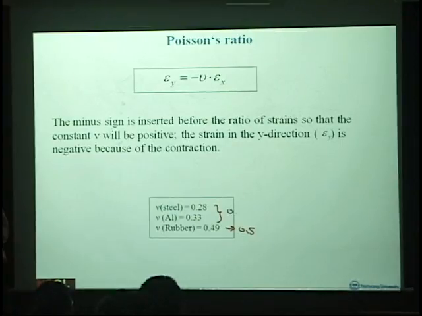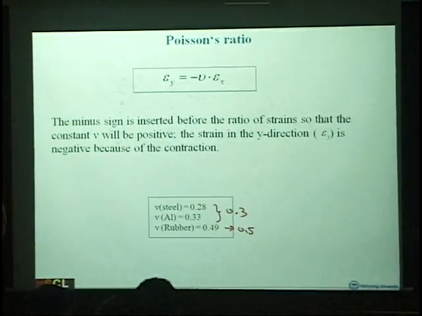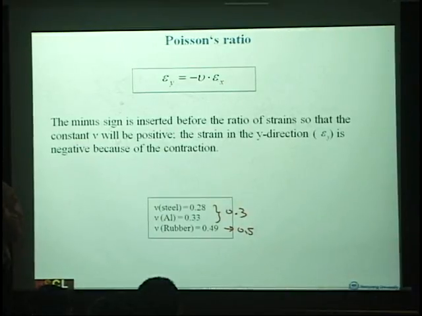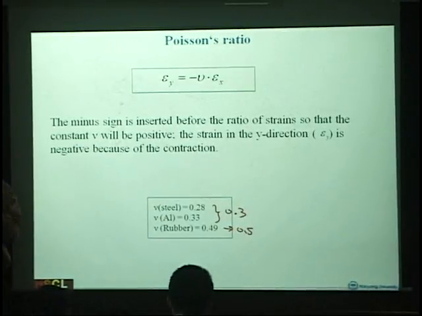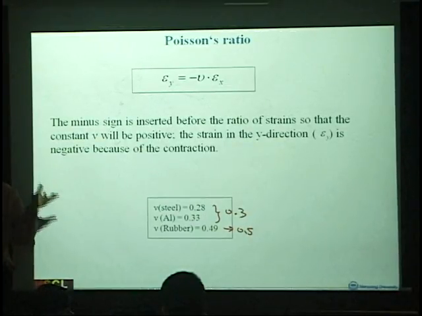Approximately, we can say Poisson's ratio is 0.3 for almost all metal materials. So when you solve any problem, you can just assume 0.3 for any metal. That will be quite enough.